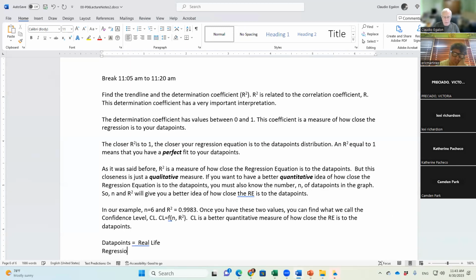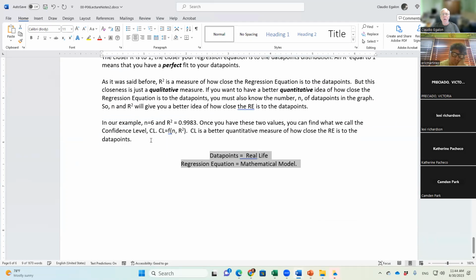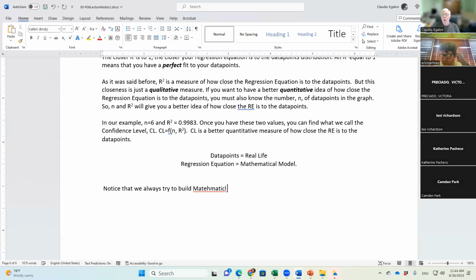Regression equation is what? It is your mathematical model, okay? Don't forget that. You always try to build mathematical models of the real life. That's what physics is all about. Notice that we always try to build mathematical models of the real life.